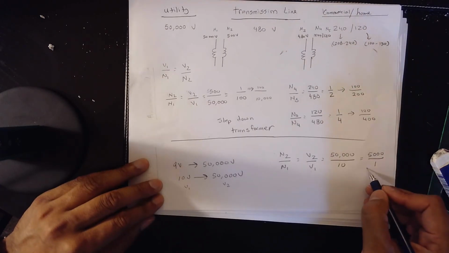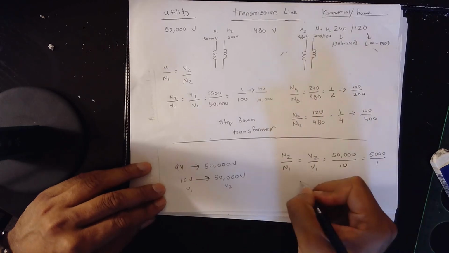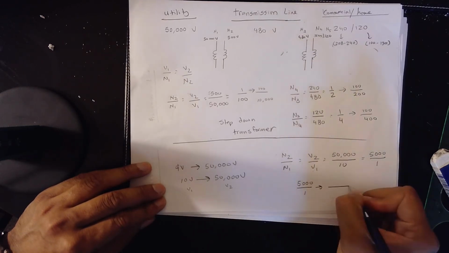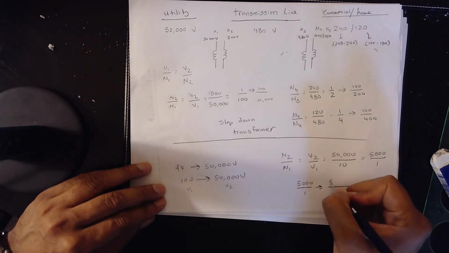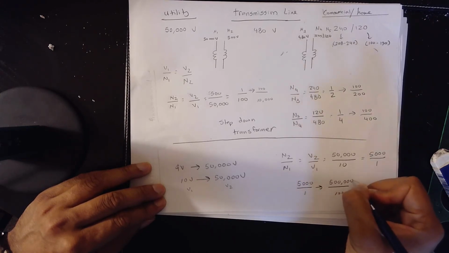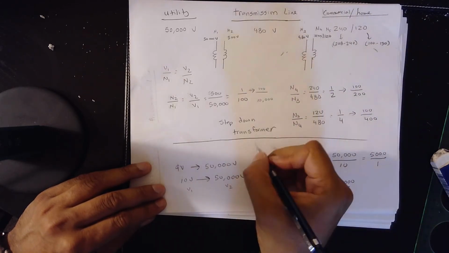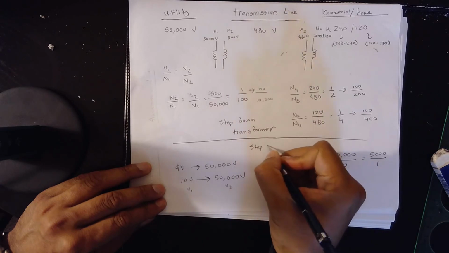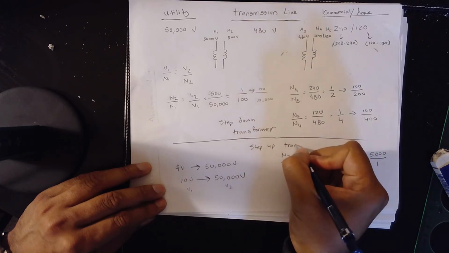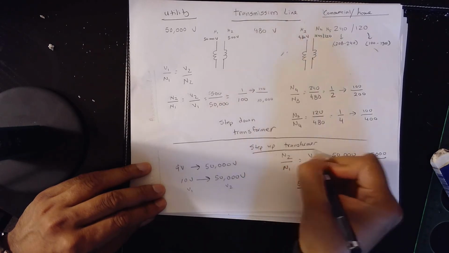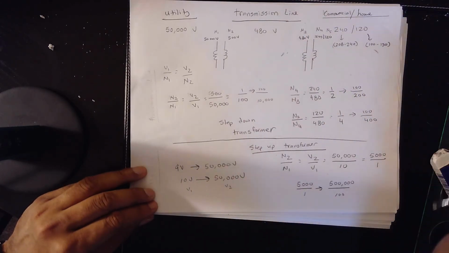So let's analyze the 5,000 to 1 ratio. What happens if the bottom coil is 100, then this coil would be 500,000 turns, okay? So by turns, then you can create a step up transformer. And this is how you raise and lower the voltage.